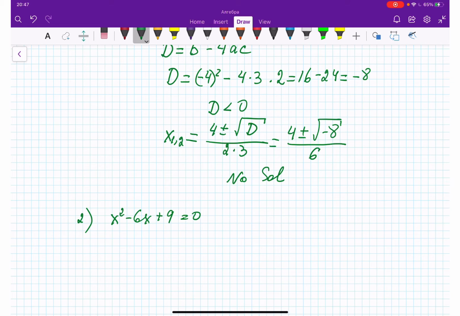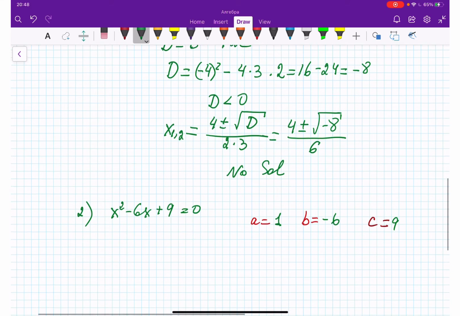Okay, let's figure out the coefficients A, B, and C. So A is equal to 1, B is equal to negative 6, and C is equal to 9.